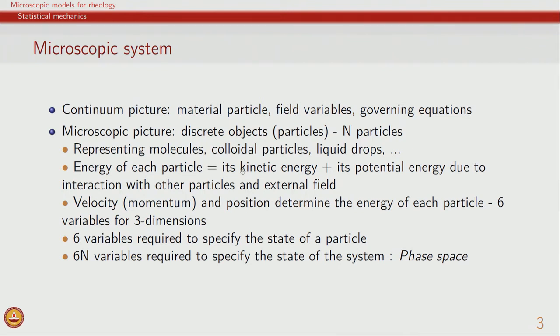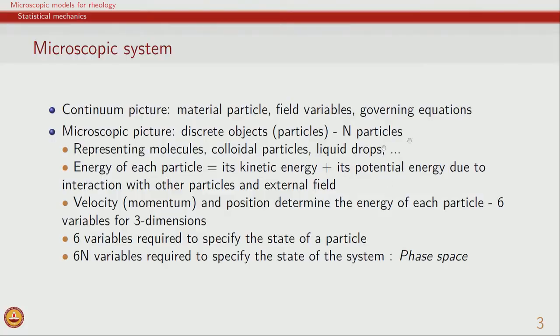At the microscopic scale, since the particle moves about, it has a velocity, and based on its velocity it will have a kinetic energy. Given that the particle moves about and interacts with the other particles and with the surrounding medium, it also may interact with a field such as an electric field or gravitational field which is imposed on the overall system.